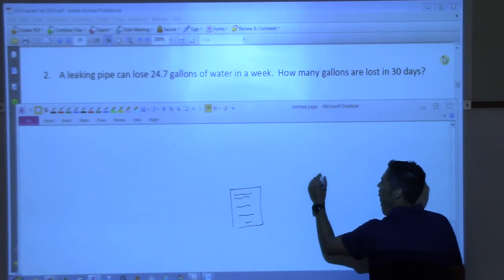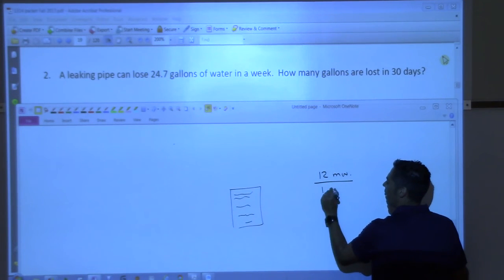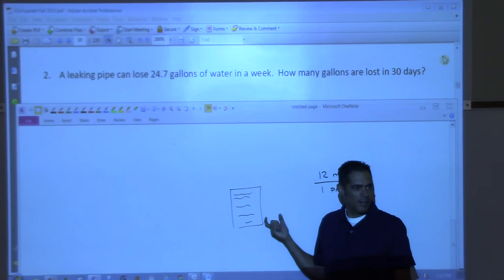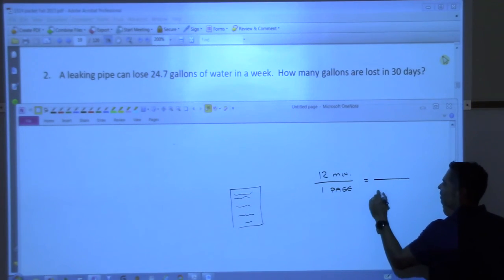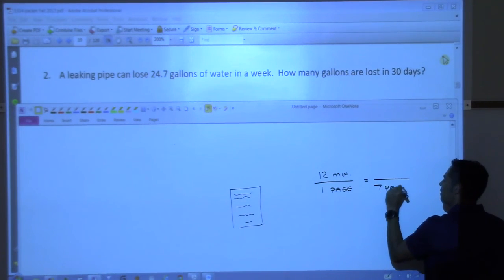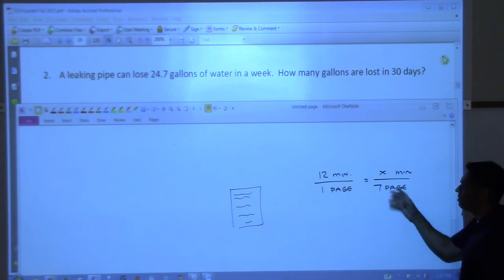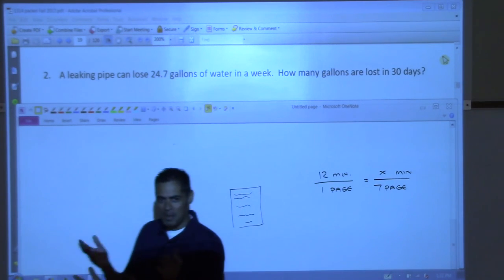So it was like 12 minutes per one page. And he was on like the 6th or 7th page, right? So all I did was say, well, this should be proportional to like 7 pages, and then it was going to be X minutes. And I was able to approximate, because of course they would take different times depending on how long people clapped.